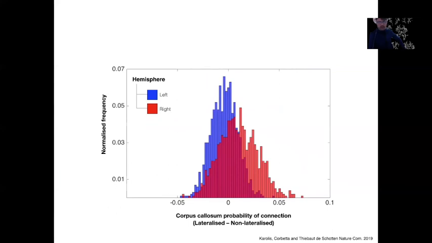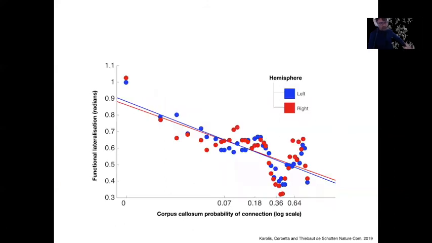And then we tried to assess whether this number of streamlines, however, within the areas that are functionally lateralized were really showing higher probability according to the level of lateralization.